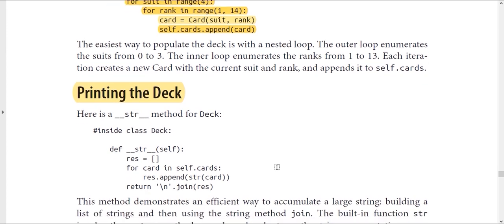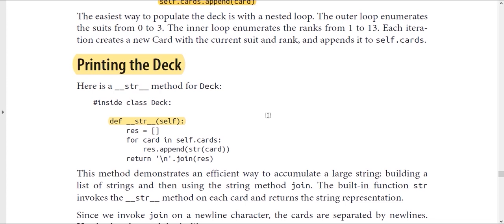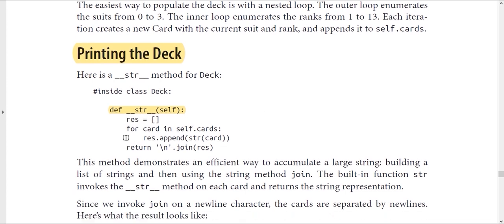Here we have an str method which is defined like this. You can see def __str__(self), and then I have created an empty list, res, which is equal to an empty list. And finally, I am doing an iteration for card in self.cards.